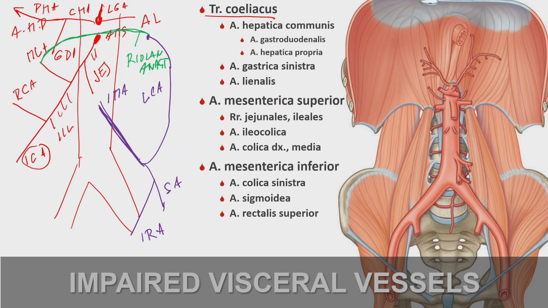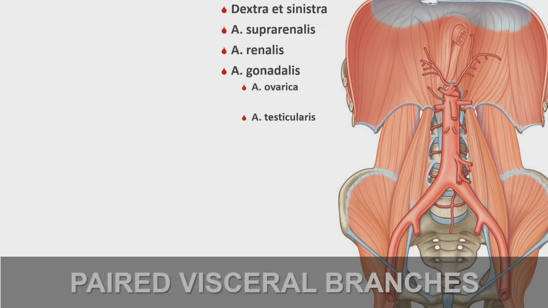When you are able to draw it, you can understand how the blood is circulating in the bowel. So those are the unpaired arteries. Then we have the paired. Unpaired are only one, paired are twice.